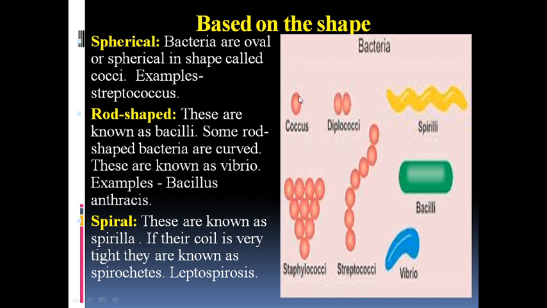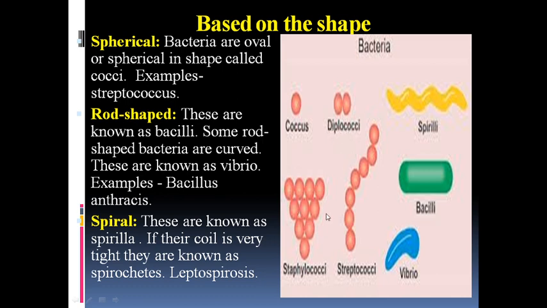This oval or spherical shape is called cocci. Spherical shaped bacteria we call cocci. Example, streptococcus. See, a single one we call a coccus, and two cocci we call diplococci.